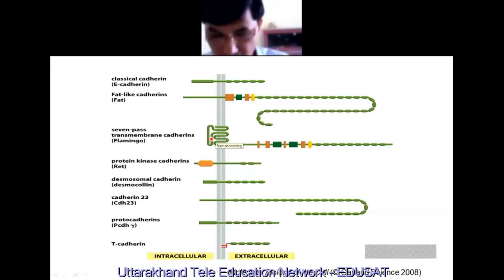In humans, more than 180 members of the cadherin superfamily proteins are present.